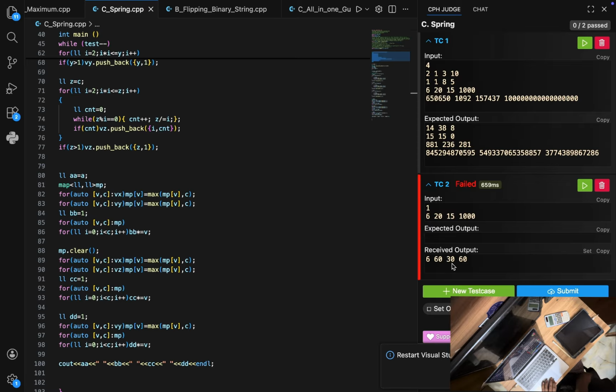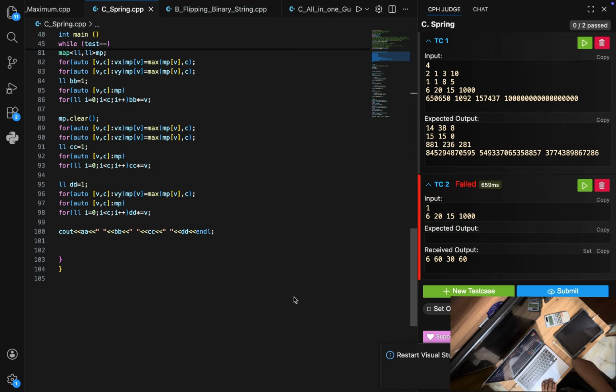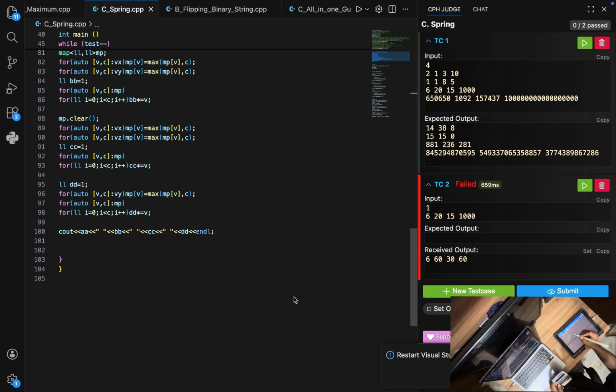6, 60, 30, 60. Yeah, so 6 can go up to value 6. Okay, so 1000 divided by 6 is 166.